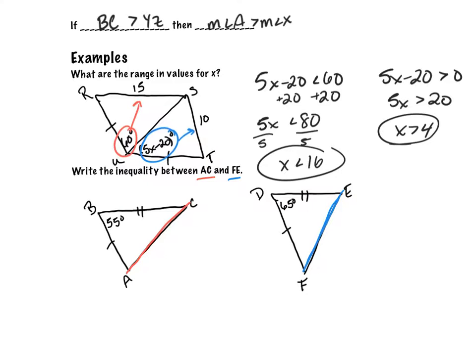B is 55, D is 65, so that means that EF has to be what AC? Greater than, right? Because D is the larger angle, so that side has to be bigger.